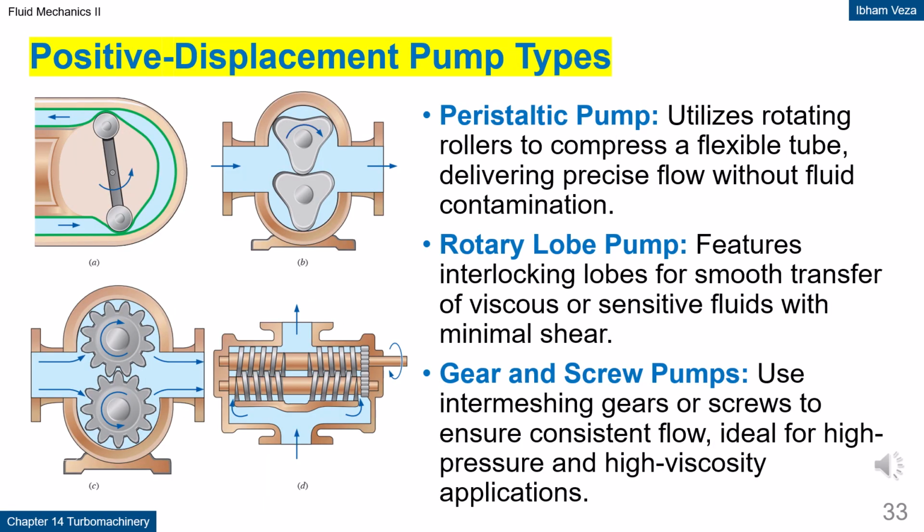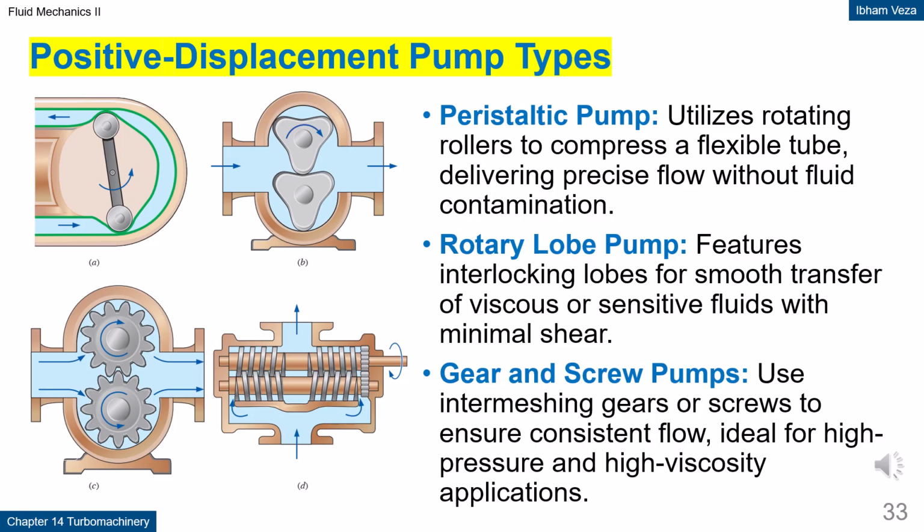Positive displacement pump types. Peristaltic pumps work by squeezing a flexible tube using rollers, so the fluid never contacts the pump mechanism. Rotary lobe pumps transfer fluid using two interlocking lobes with smooth flow and low shear. Gear and screw pumps use intermeshing rotating elements to produce nearly constant flow.